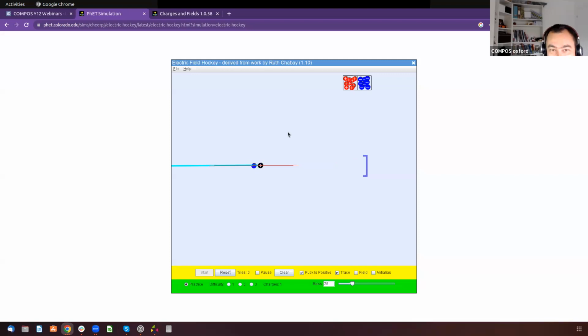Here we are inside. I wonder if we can simulate a sphere. Probably not. I would be really surprised if we could.